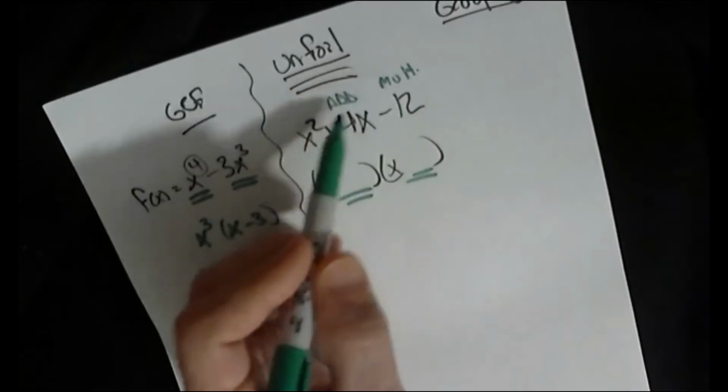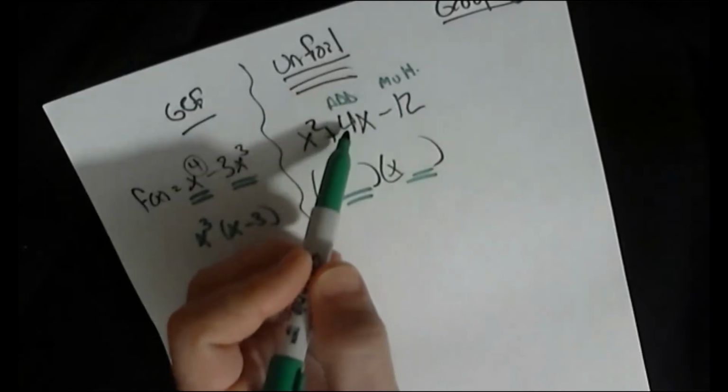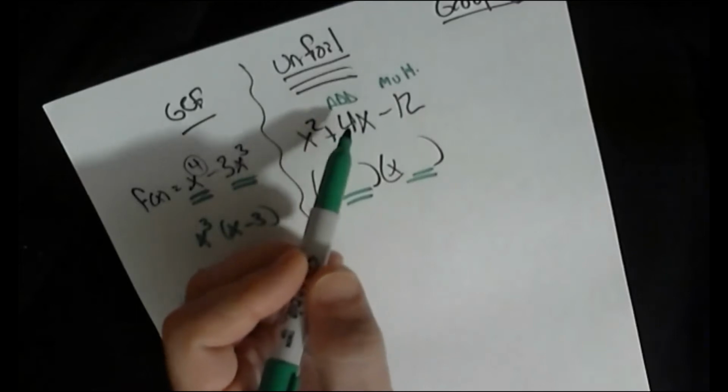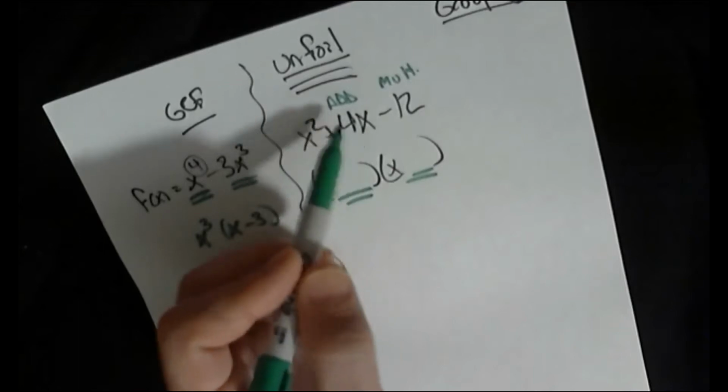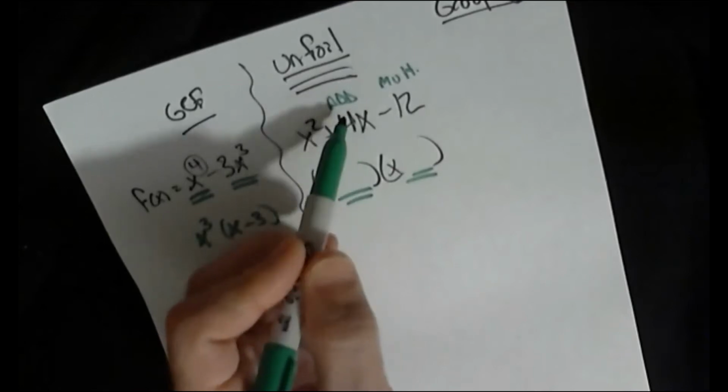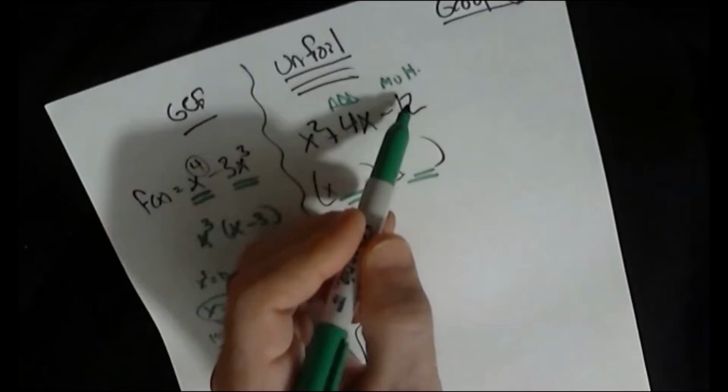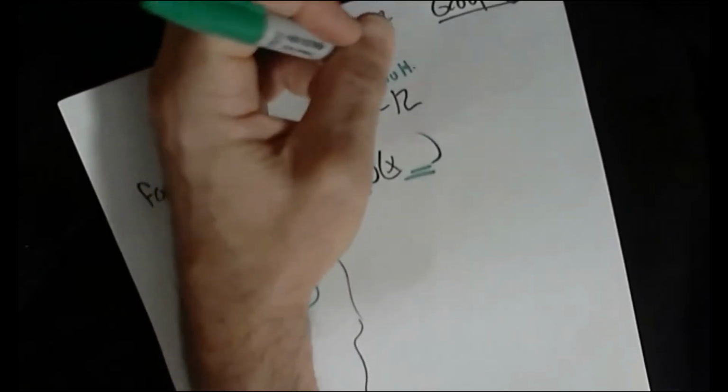I'm going to start with the multiplying because in terms of what I can add to get 4, there's too many numbers. I can add 1 plus 3, 10 plus -6, 100 plus -96. I can add a bunch of different numbers to get 4. But if I'm talking about numbers I can multiply to get 12, that's a smaller list. Multiplying to get 12 is going to be 1 and 12, or 2 and 6, or 3 and 4.